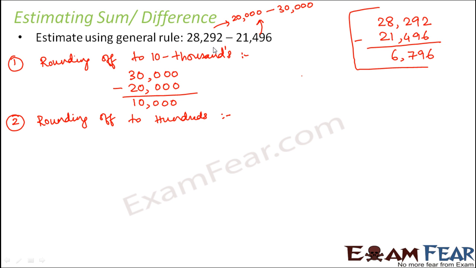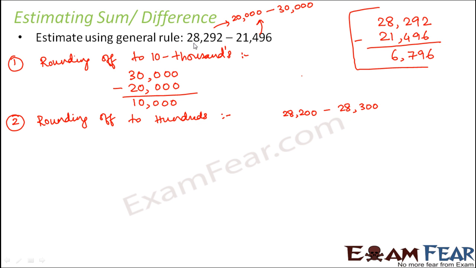When you round it off to hundreds, 28,292 lies between 28,200 and 28,300.